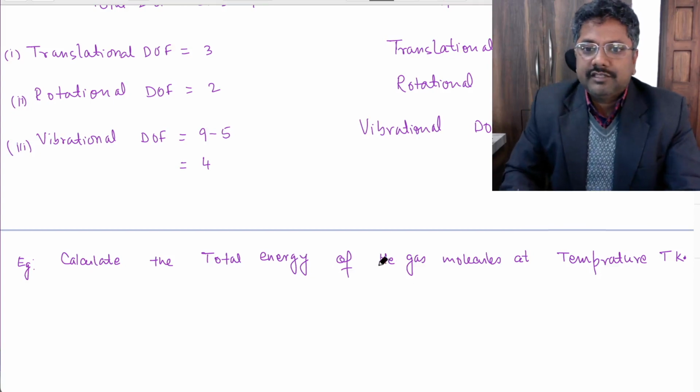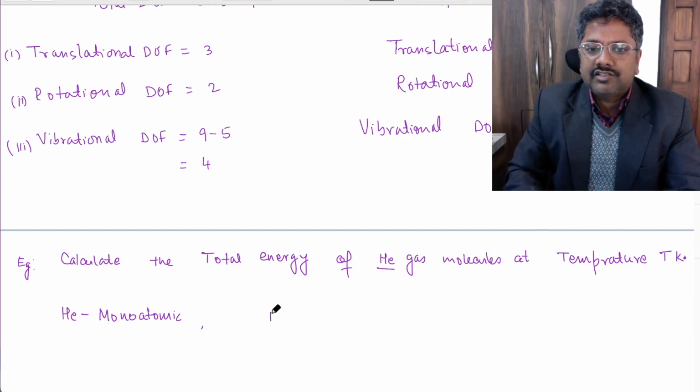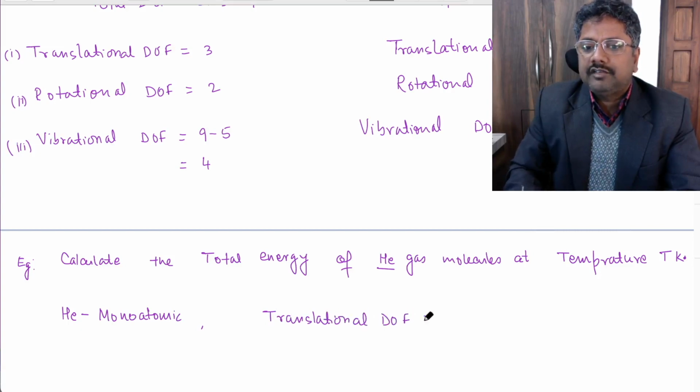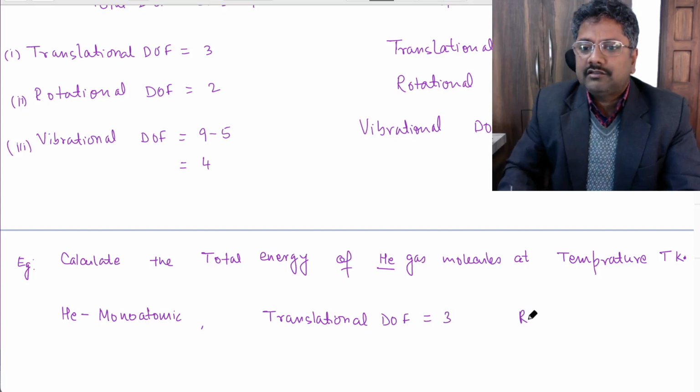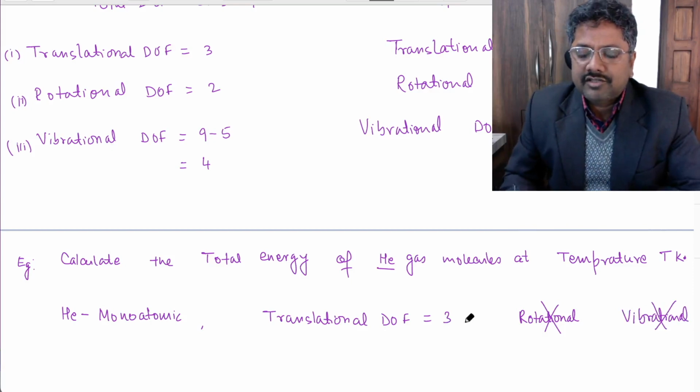So first you have to see the gas helium. This is monoatomic. So translational degree of freedom is equal to 3. Rotational, no. Vibrational, no. Right? So translational degree of freedom is equal to 3, and this is equal to the total degree of freedom.